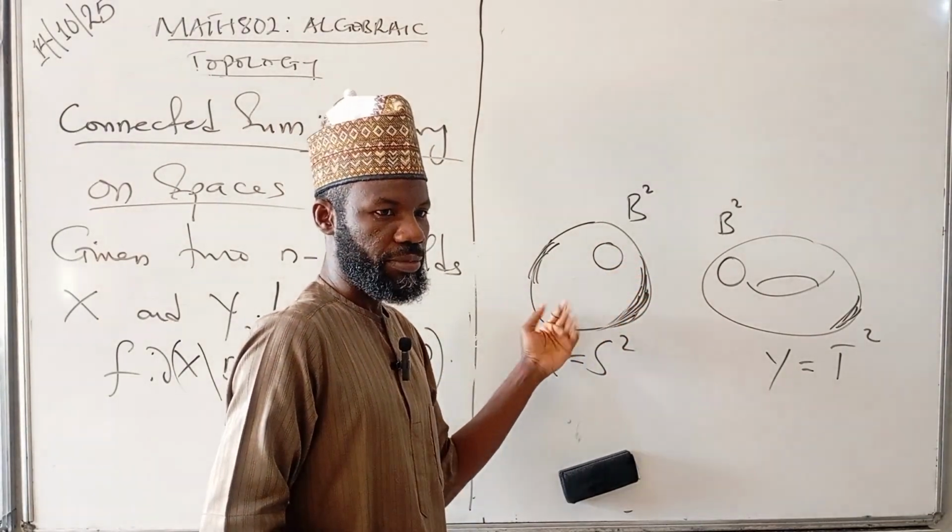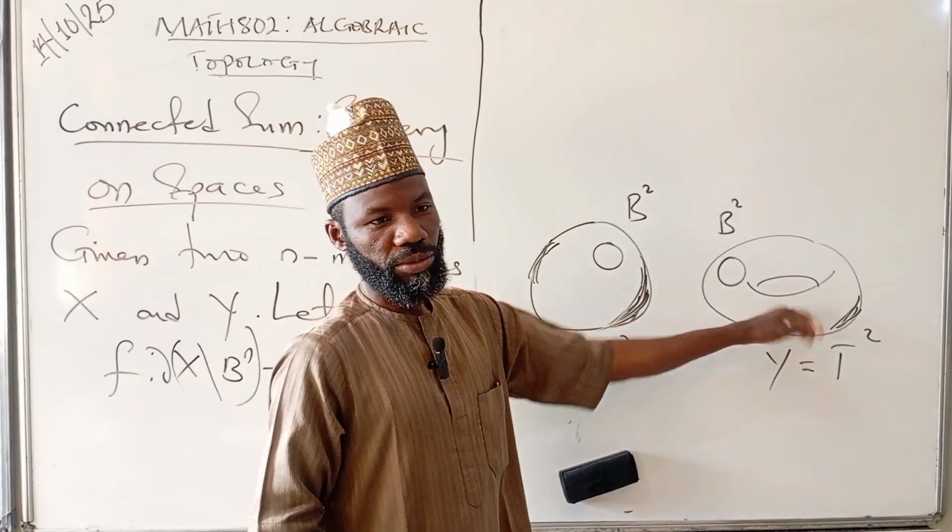You have a continuous map from a subset of this, that boundary, into that one.